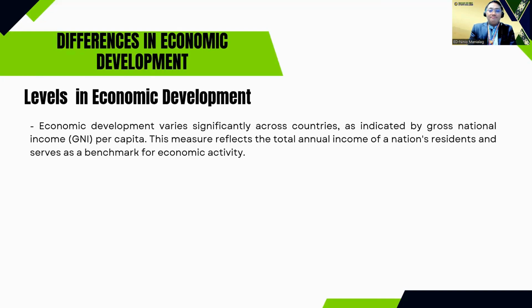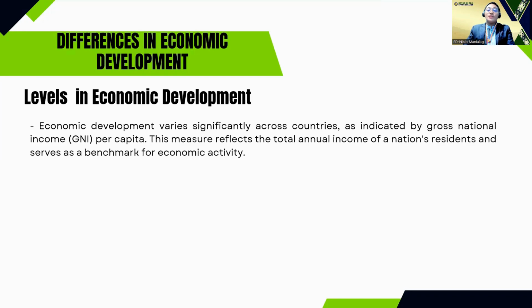Now, countries like Japan, Sweden, Switzerland, the United States, and Australia are among the wealthiest, while large developing nations such as China and India are substantially poorer by these measures.